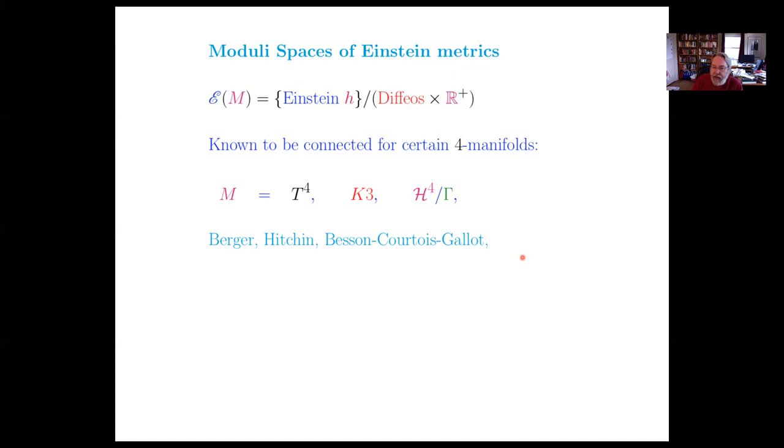There's actually only one metric. The moduli space here turns out to consist of a single point. And then I also showed the same was true of another class of locally symmetric spaces in dimension 4, namely quotients of the complex hyperbolic plane, or if you like, the unit ball in C2.